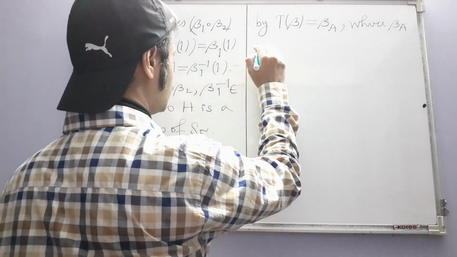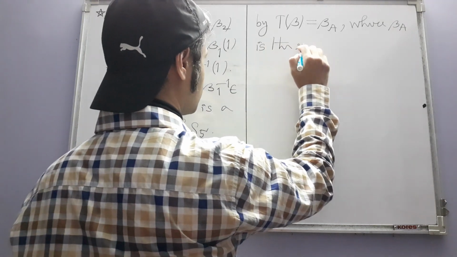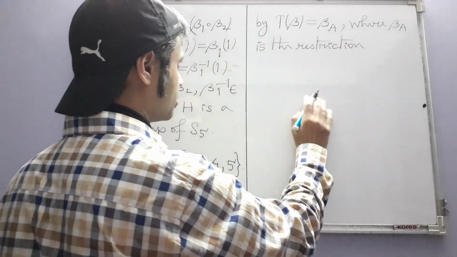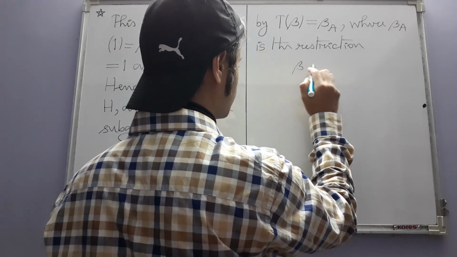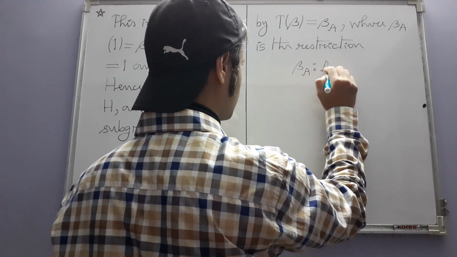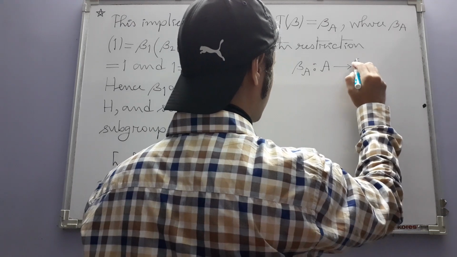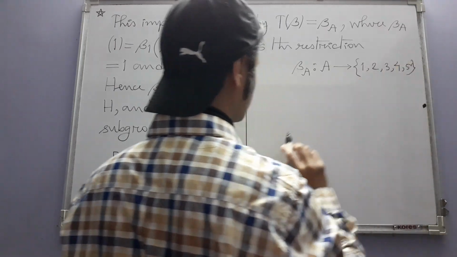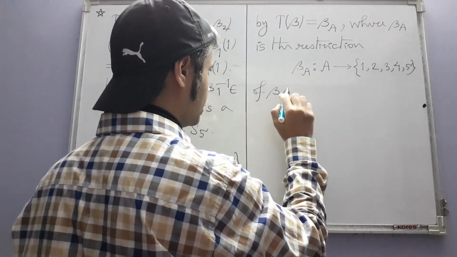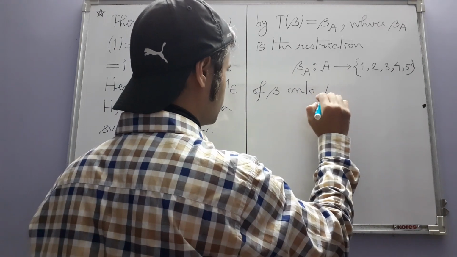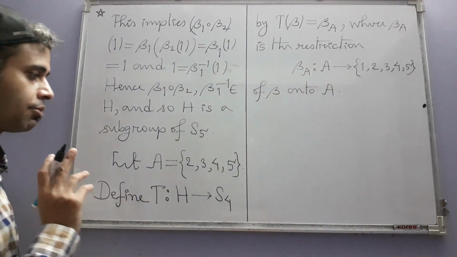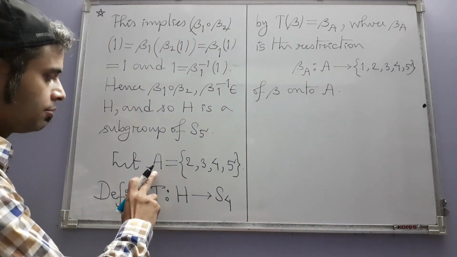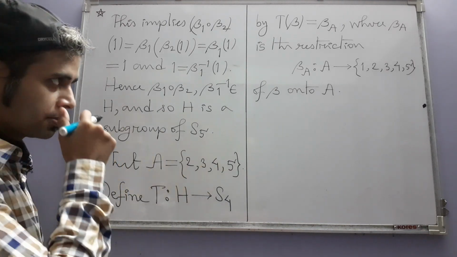This beta suffix A has a meaning: it is the restriction of beta onto A. See, originally our beta is a function, it's a bijection from this set to itself, but now we are restricting that beta to this subset.